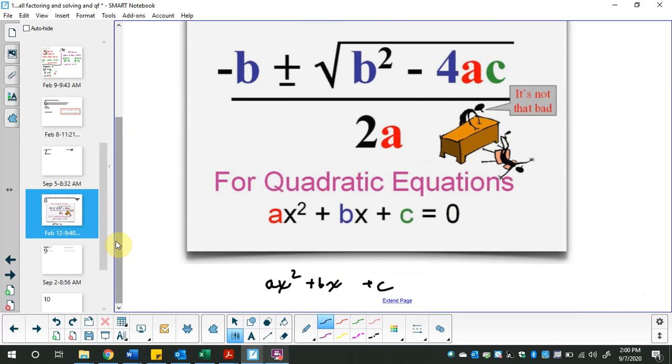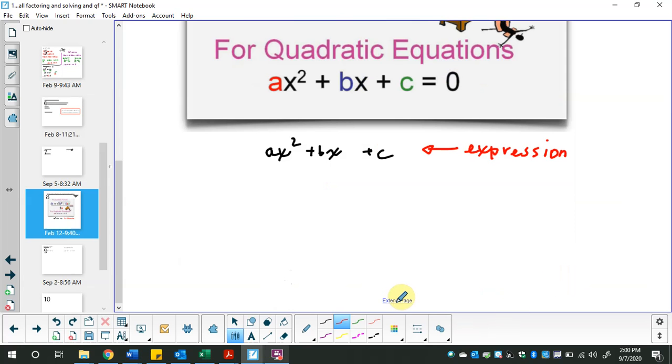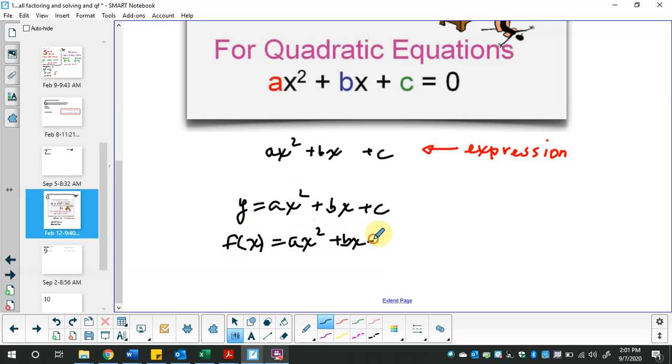You have what's called an expression. And the final thing that you have to keep straight, or it would be wise to keep straight, is if I didn't put an equal 0 on one side and instead either put a y or I put an f at x, you don't have a quadratic equation anymore, and you don't have a quadratic expression anymore.